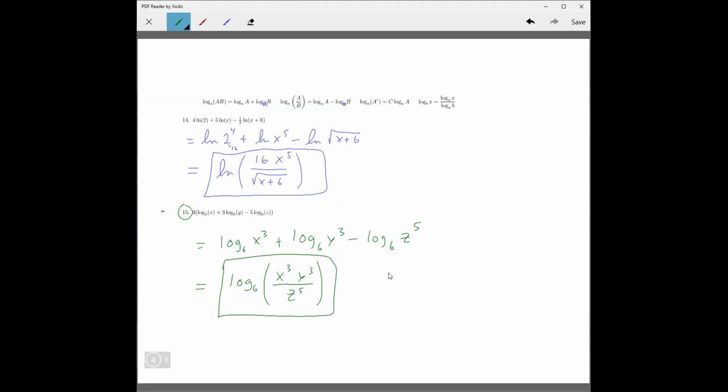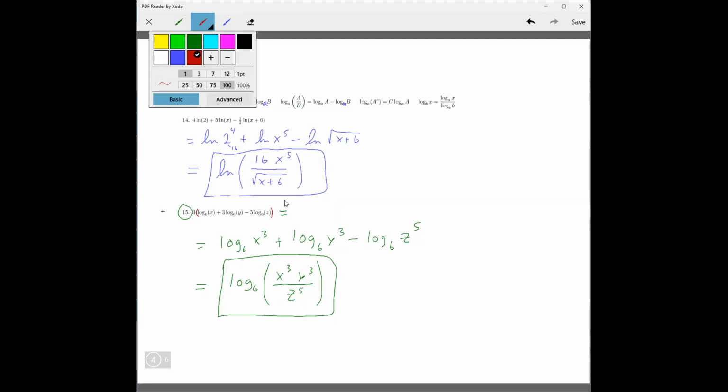Oh, hold on. I made a mistake. Here, hold on. I'm going to fix it though. Okay, this 3. Notice that there's these parentheses here and here that I didn't realize. This 3 distributes to everything. So I messed that up.